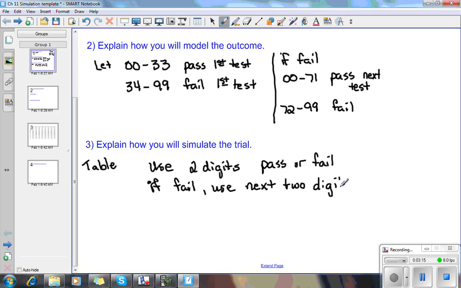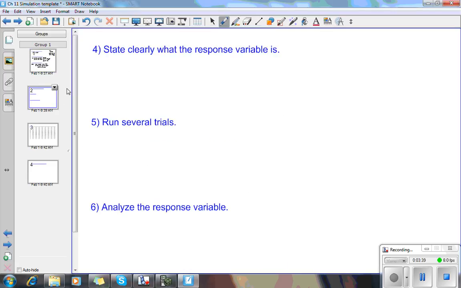But then remember, we're going to, with the new numbering system, continue until pass. And that would be a trial. Okay, so that's the idea what we're going to do.